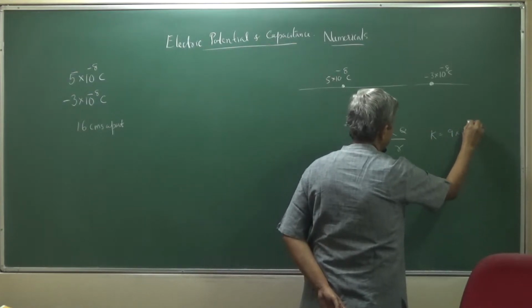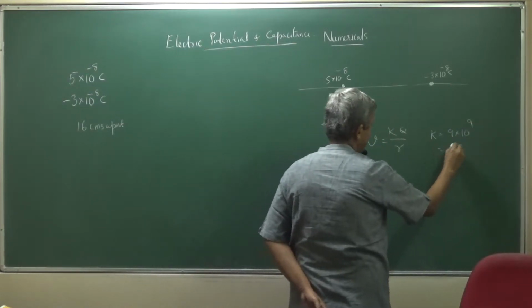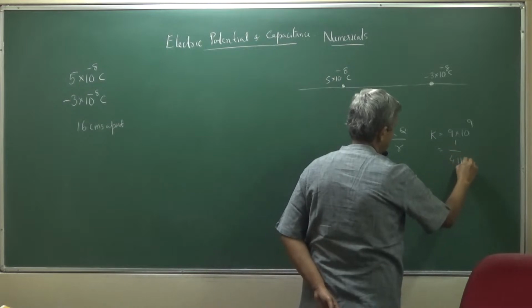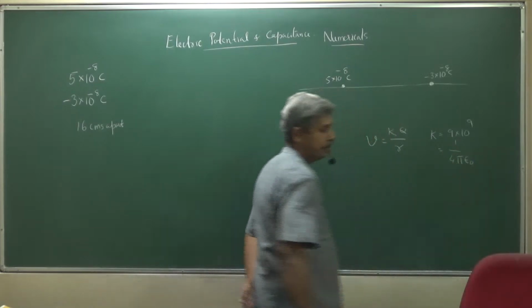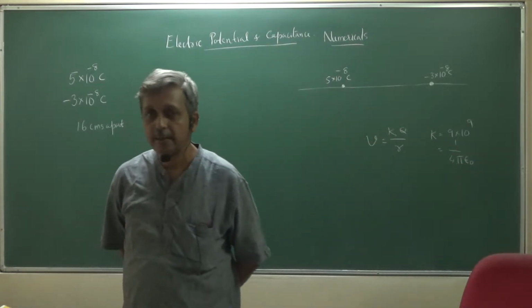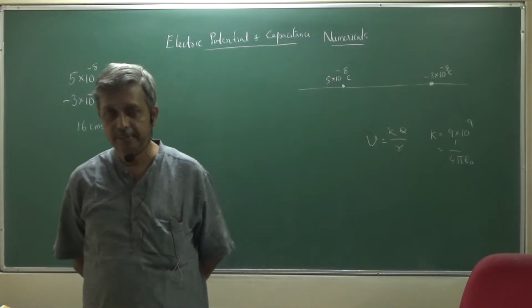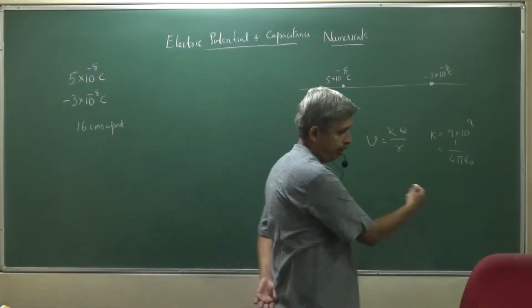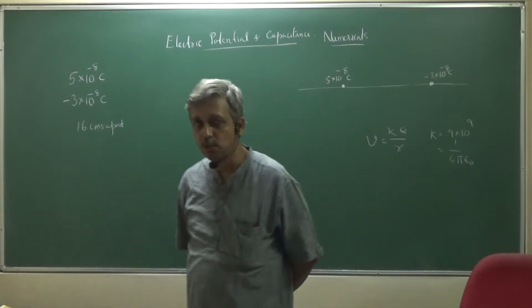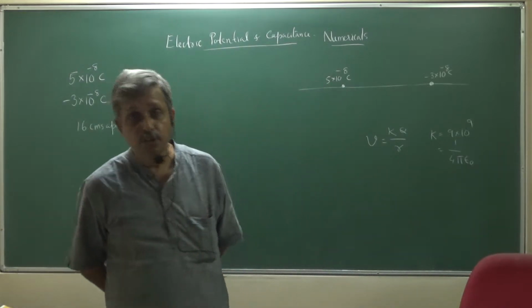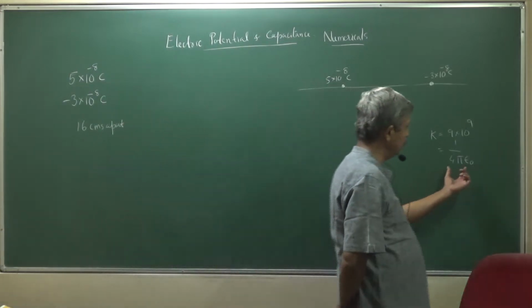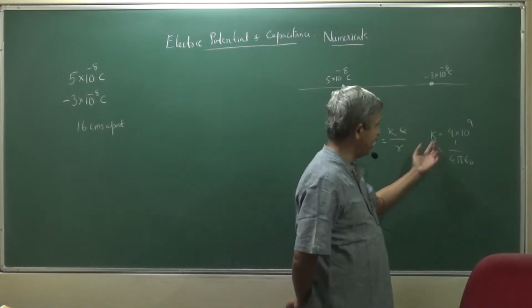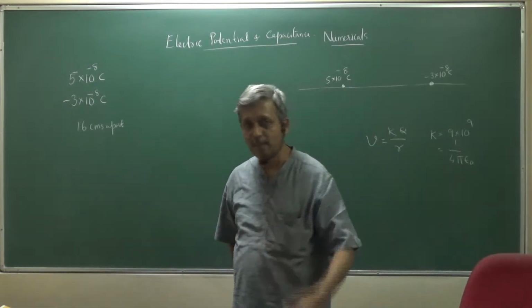I will remind you that K is the same as 1 divided by 4 pi epsilon naught, where epsilon naught is permittivity, 8.85 into 10 power minus 12. If you use that and calculate all this, it will take more time. So using K is somewhat easier for our purpose.